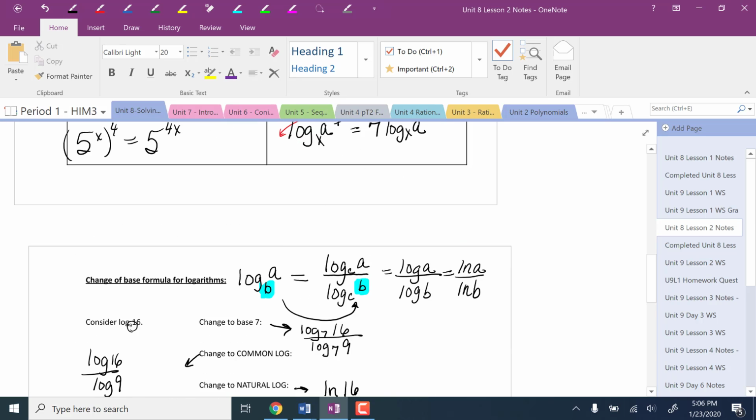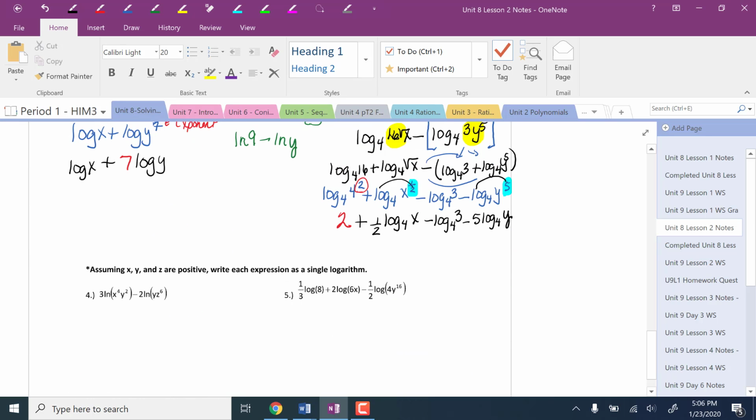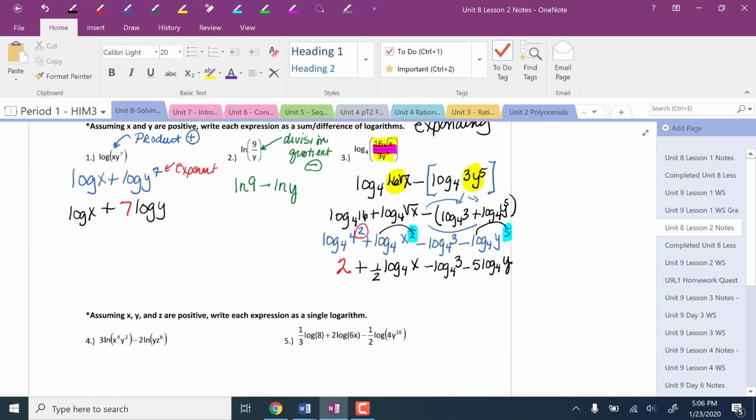All right. Couple more examples here. This time we're going to do something different. This time we're going to do a process called condensing. So that's going from many log expressions to one.